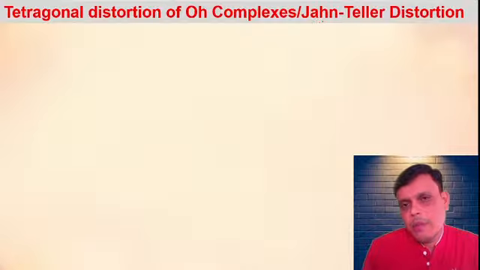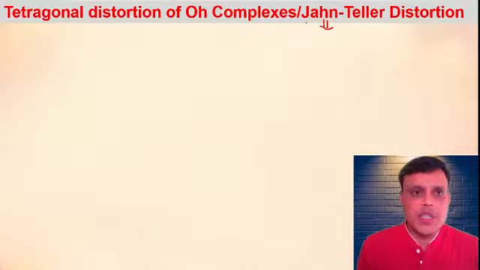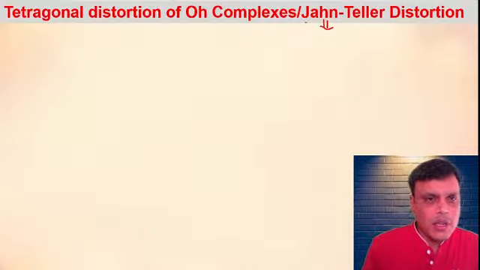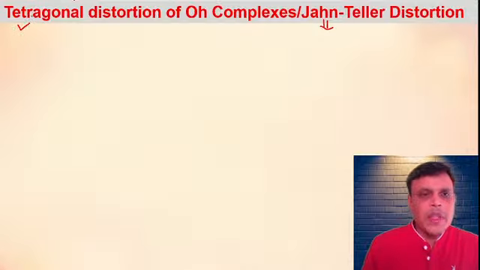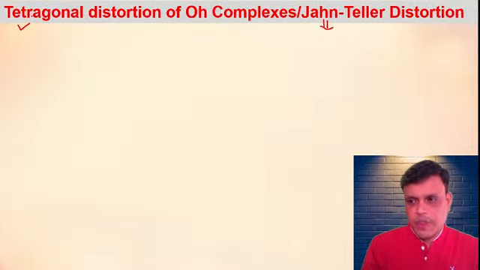Most popularly it is known as a Jahn-Teller distortion. There is another name also, that is tetragonal distortion, because after the distortion of a perfect octahedron, tetragonal geometry is formed. That's what is called a tetragonal distortion.